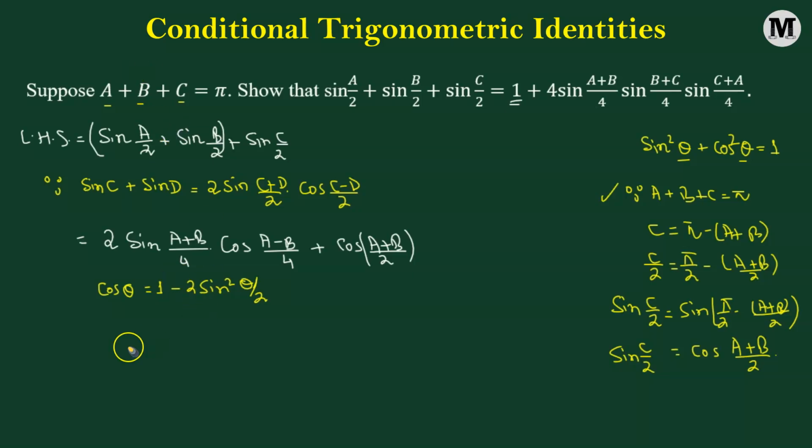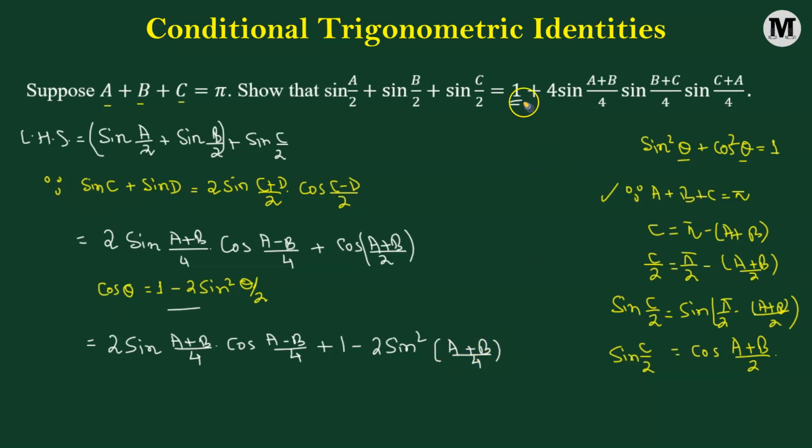So let's keep the first term as it is. We have 2 times sine of the angle (a plus b) over 4 multiplied by cosine of the angle (a minus b) over 4. Now for cosine of (a plus b) over 2, when we use this formula we get plus 1 minus 2 times sine squared of half that angle theta. Our theta is (a plus b) over 2, so half of it is (a plus b) over 4.